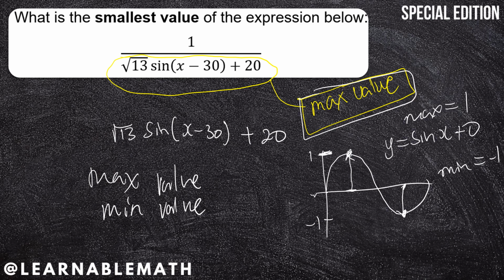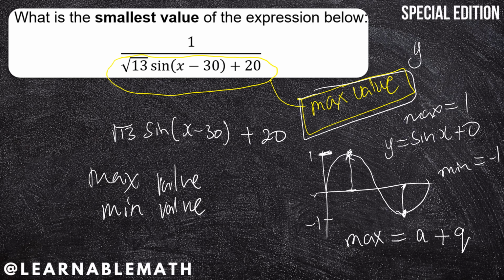So here's the formula, guys. For the maximum value, you take your amplitude and add your vertical shift, because the amplitude stretches the graph vertically, and the shift moves the graph up and down. Be careful: for amplitude, we take the positive value.